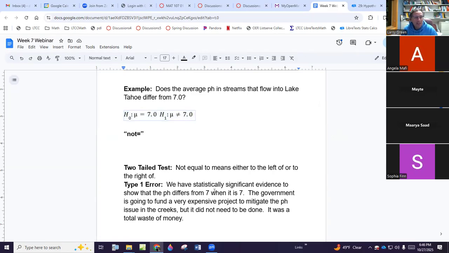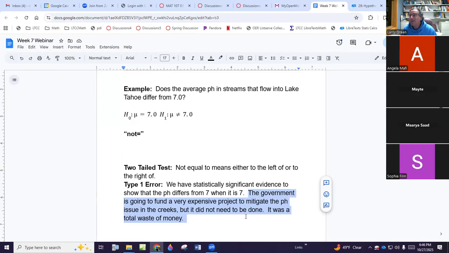So we have statistically significant evidence to show the pH differs from 7, but it is 7. So we ended up saying we got our evidence to show that there's a problem with our lake. So the government's going to fund a very expensive project to mitigate the pH issue in the creeks. But it doesn't need to be done because there's no problem. And the government wasted a lot of money.